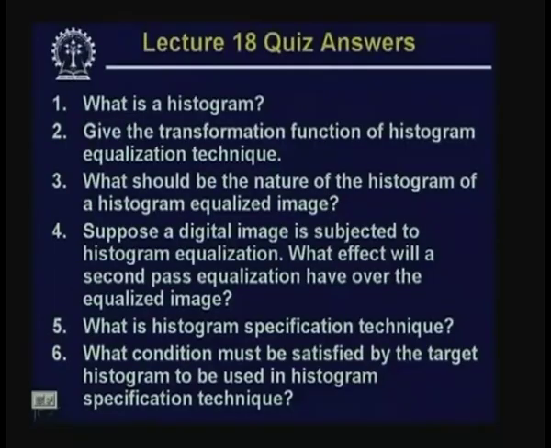What effect will a second pass of equalization have over the equalized image? As we have already mentioned, once an image is histogram equalized, the histogram of the processed image will be a uniform histogram. That means it will have a uniform probability density function. If I want to equalize this equalized image, then the corresponding transformation function will be a linear one, where the straight line will be inclined at an angle of 45 degrees with the x axis.